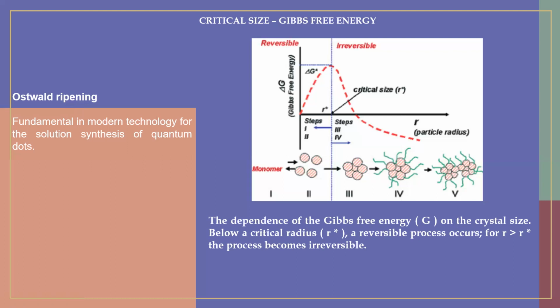So in terms of Gibbs free energy and Ostwald ripening, we can describe the growth of a crystal, or the nucleation process, with our thermodynamics curve. Up to here, it is a reversible process, and above that it is an irreversible process and the nucleation starts. The nucleus grows further and forms its crystal form.